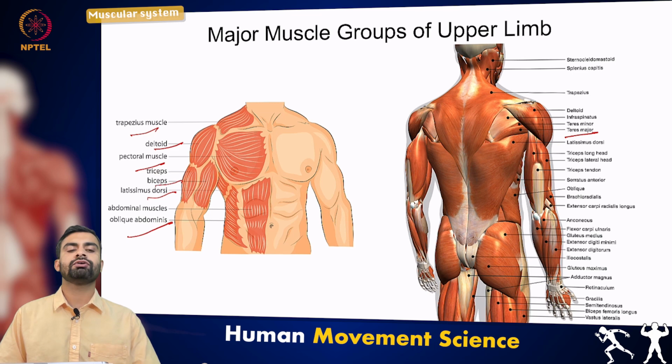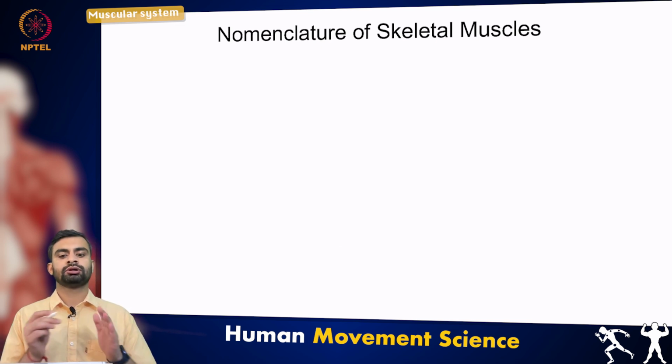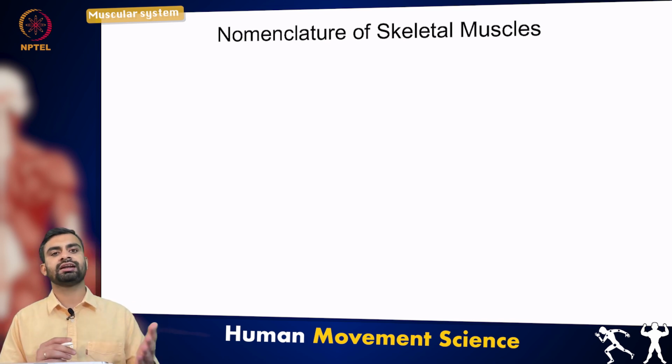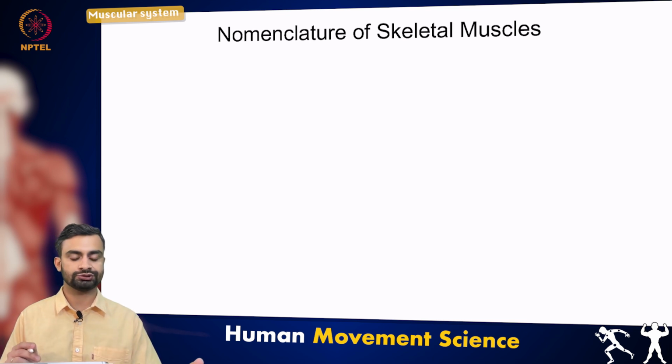However, it might be very overwhelming to remember and understand the function of these muscles. However, if we look at the nomenclature of skeletal muscles, we will be able to understand the function, and it will also help us remember the names.